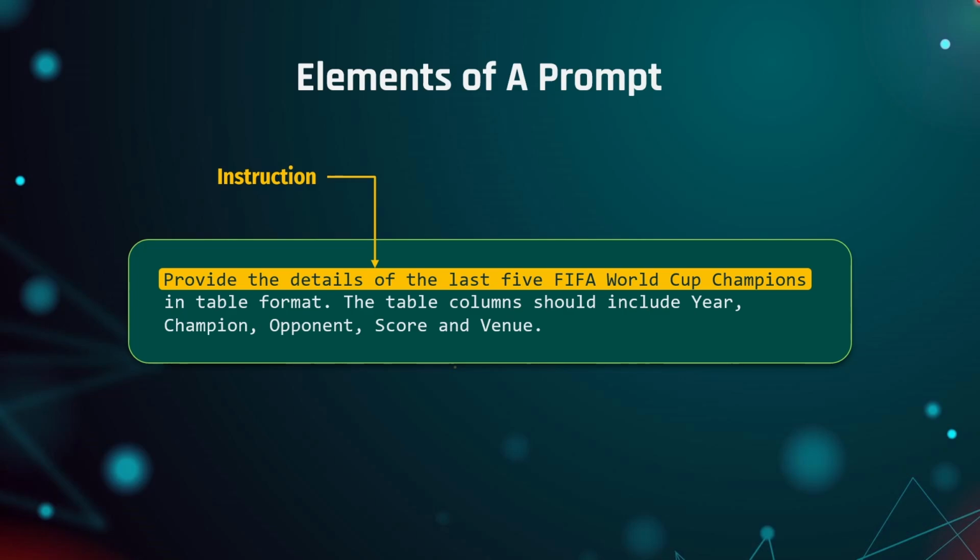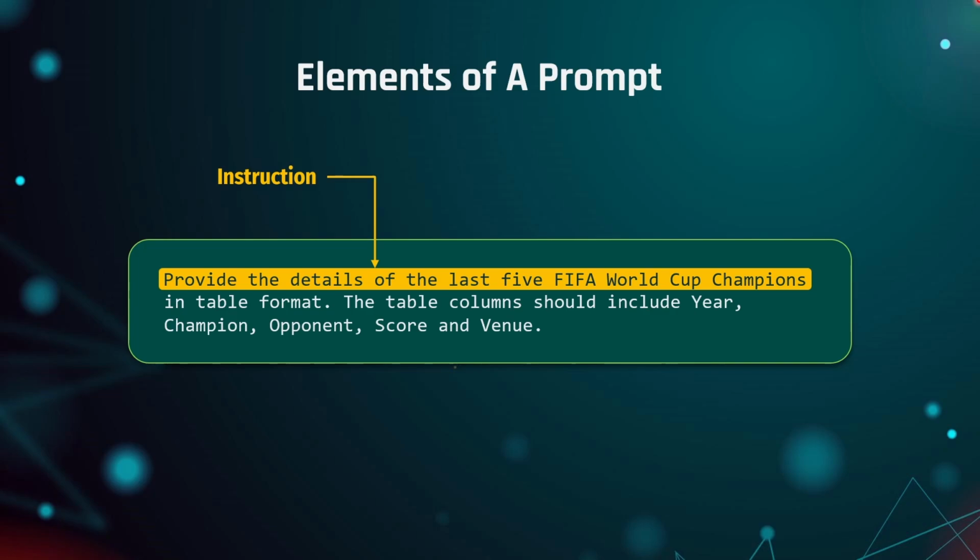So when we want some output, some response from ChatGPT, it always begins with a single topic, right? We have a single purpose. In this particular case, the purpose was we want to know the most recent 5 World Cup champions.